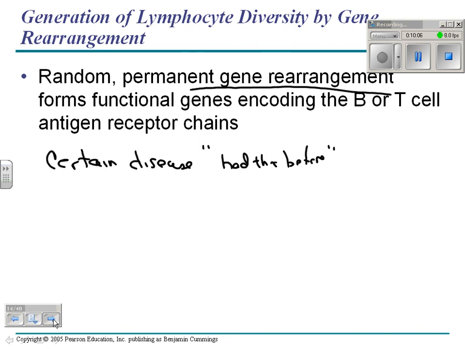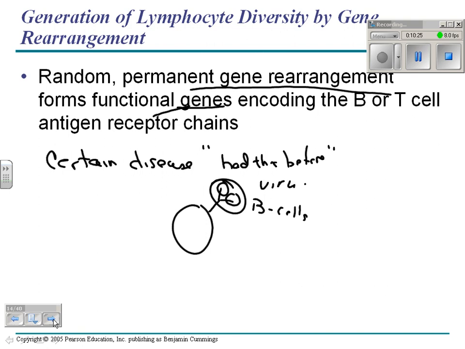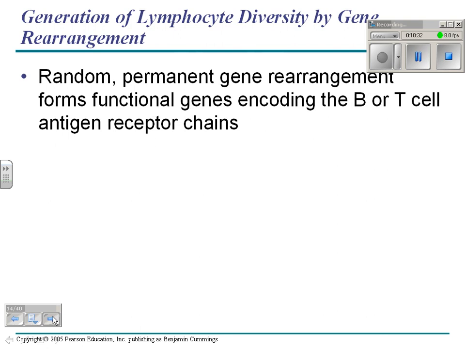In other words, the genes that encode for those little antibody receptors on a B cell or T cell get changed permanently. So this end that's going to grab on to a virus, it's going to attack a virus, that end is changed genetically. We'll come back to that.